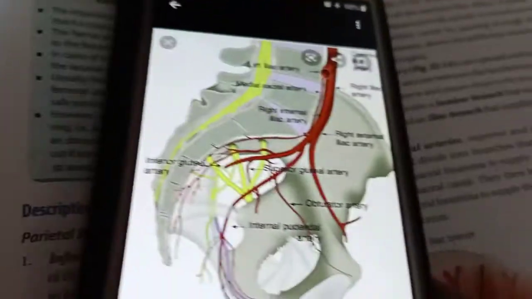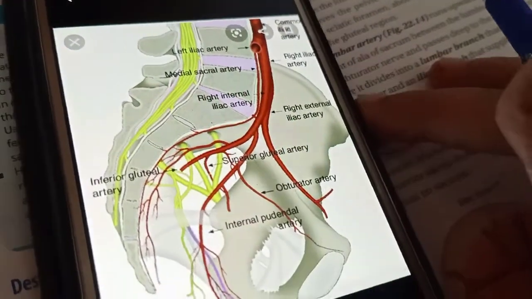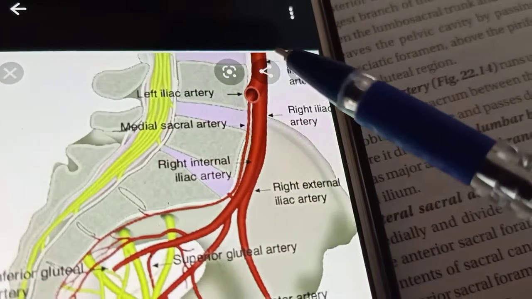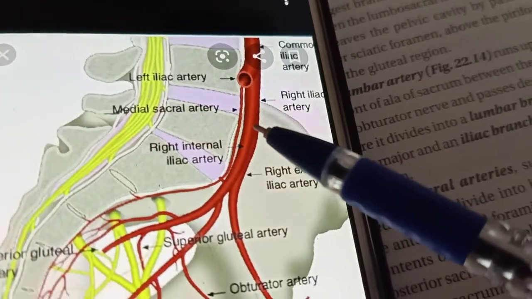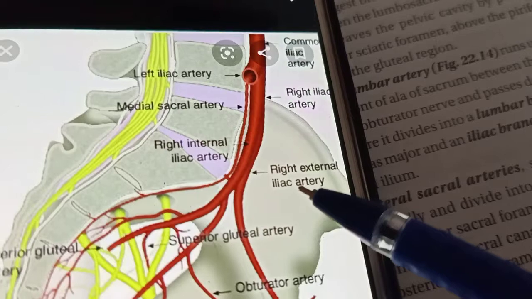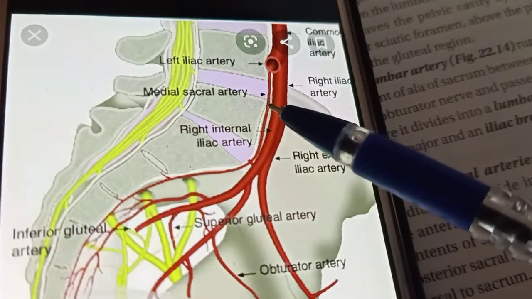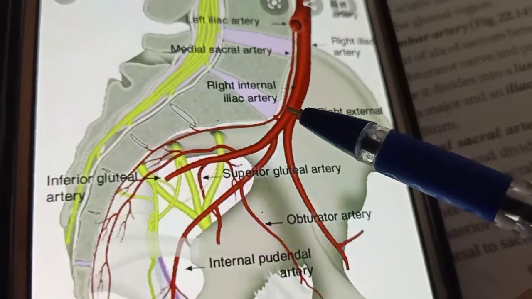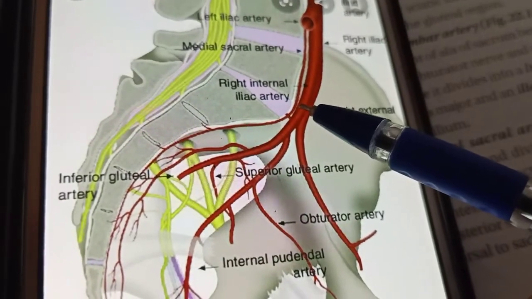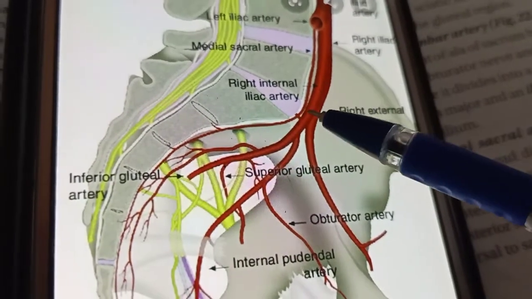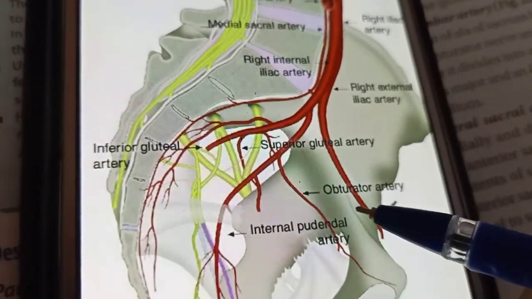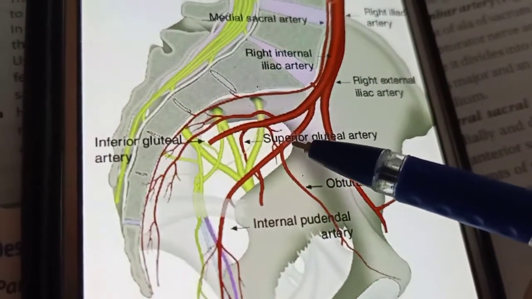If you see here, this is the obturator artery. This is the common iliac, dividing into the right external iliac and the right internal iliac. This is the right internal iliac. From the anterior trunk arises one parietal branch, which is the obturator artery.